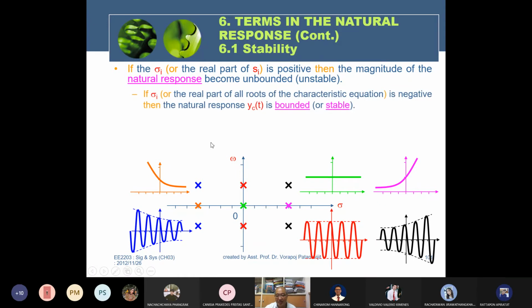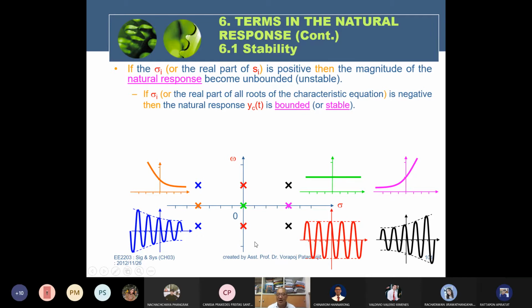The system is stable if the real part of the solution is negative. It means only the magnitude remains, and you can see that it will decrease when time increases. It will be stable.